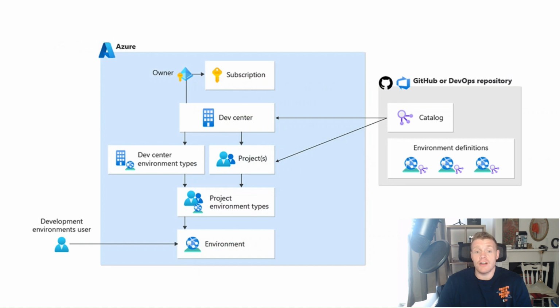Environments are a collection of Azure resources on which your application is deployed. Say, for example, you have a web application that uses an App Service, SQL database, Key Vault, App Insights, etc. In your environment, you can have both PaaS and IaaS resources that help support that application. With Azure Deployment Environments, you can define the types of environments that your development teams can create.